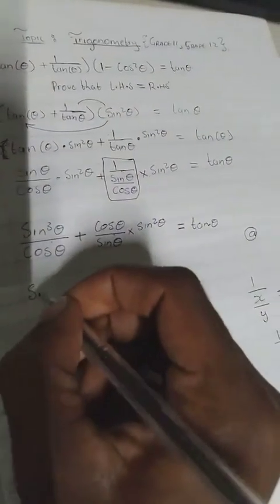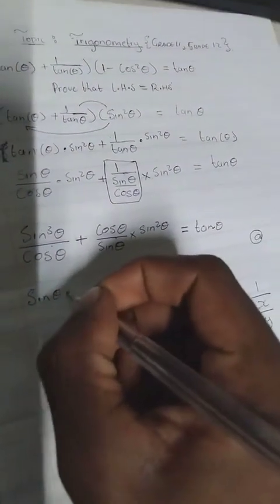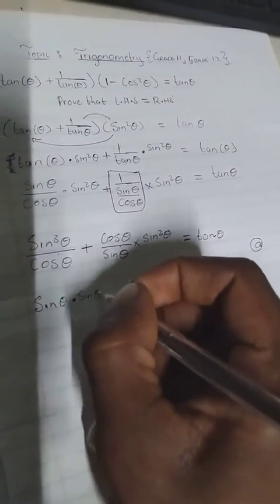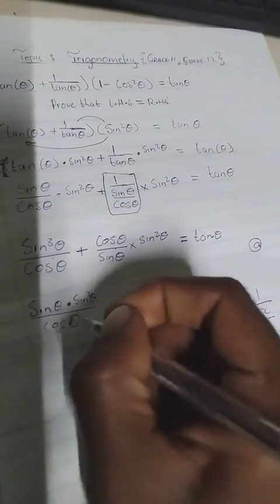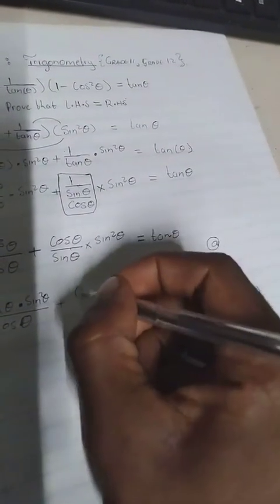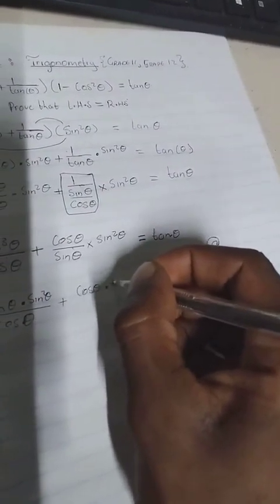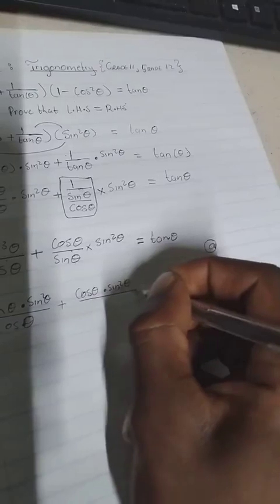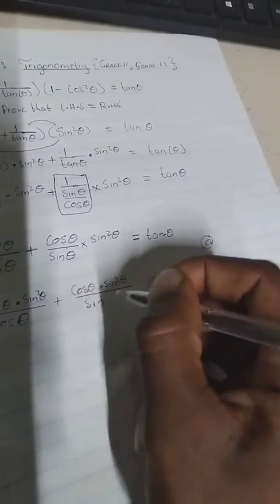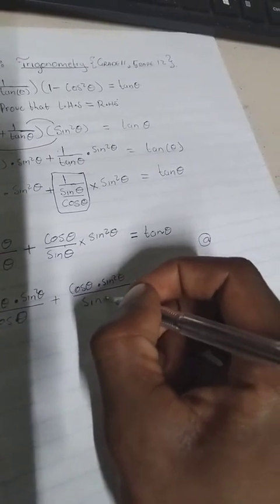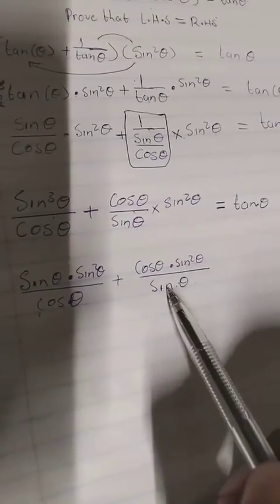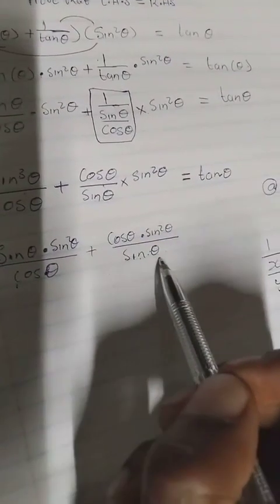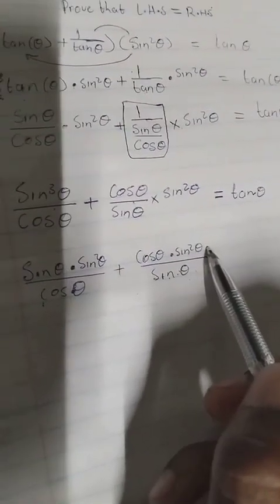I'm going to change this into sine theta multiplied by sine squared theta over cos theta, plus, I can see over here I still have cos theta multiplied by sine squared theta all over sine theta. So now I can see this theta and that theta will cancel out.